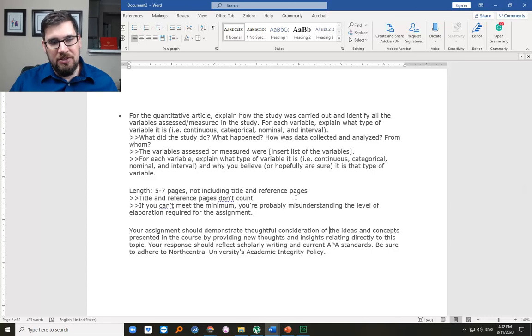Your assignment should demonstrate thoughtful consideration of the ideas and concepts presented in the course. So your examples, for instance, of qualitative and quantitative, nominal, interval, continuous, categorical need to all be thoughtful, insightful, related directly to this topic. Your response should reflect scholarly writing and current APA standards.